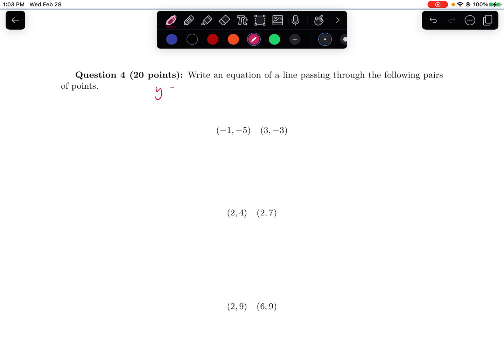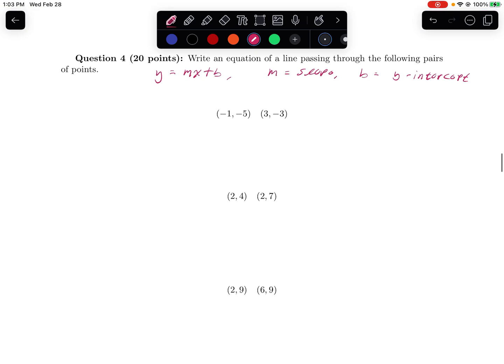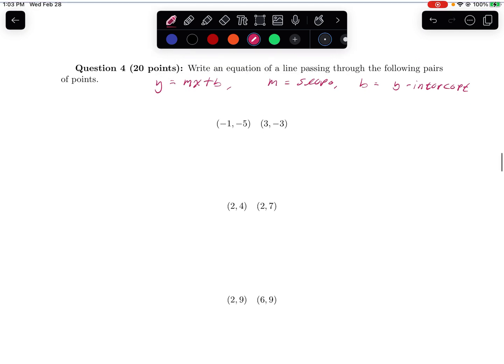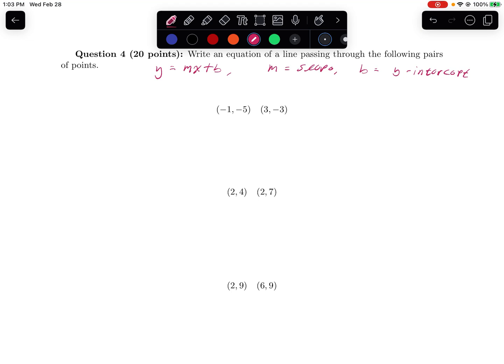This is given by y = mx + b, where m is the slope and b is the y-intercept. Let's see if we can find an equation of these different lines.